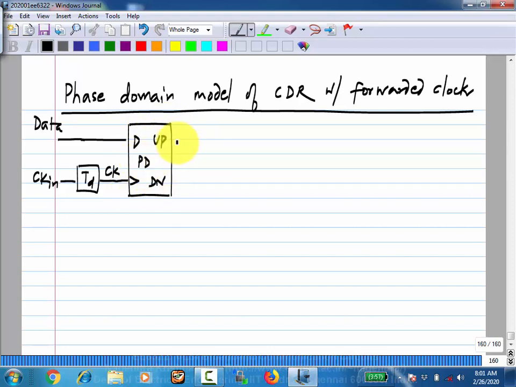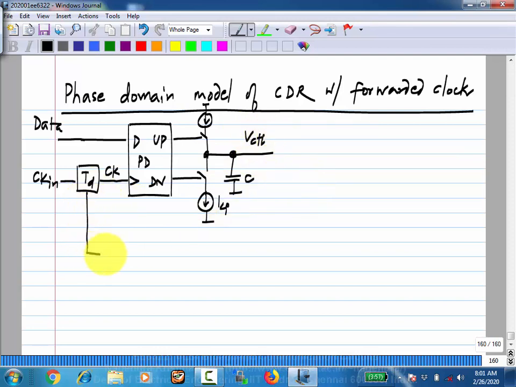This is the linear phase detector. This is a control voltage which controls the delay.